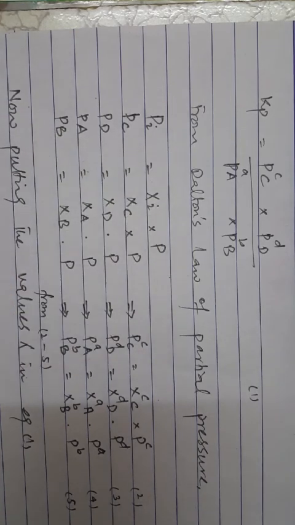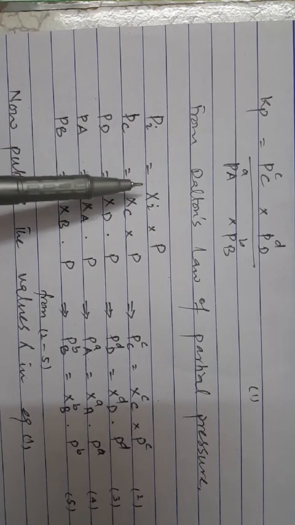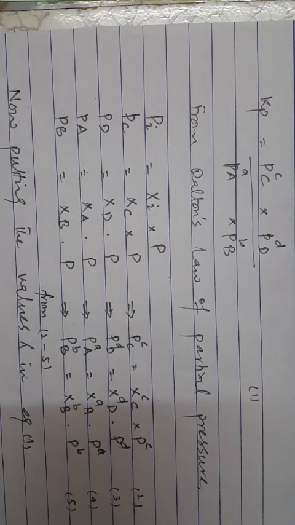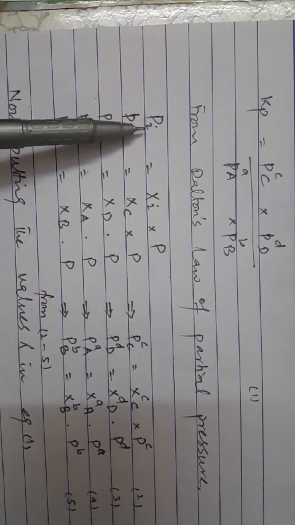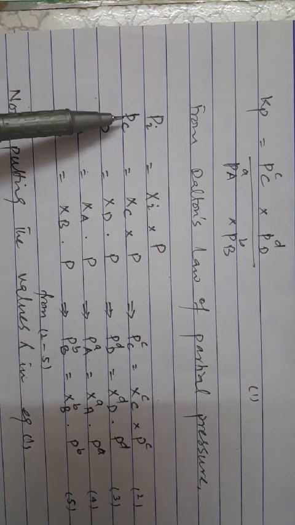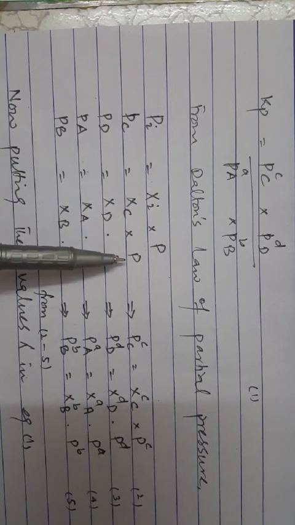From Dalton's law of partial pressure, we have concluded that the partial pressure of an individual gas is equal to the mole fraction of that gas multiplied by the total pressure. Applying this to the individual components A, B, C and D, the partial pressure of C will be equal to mole fraction of C into total pressure.